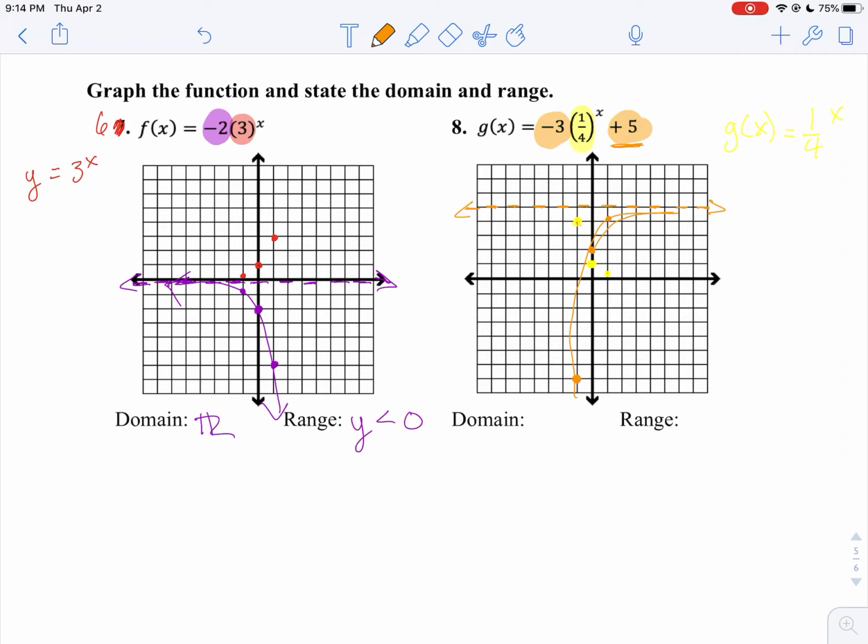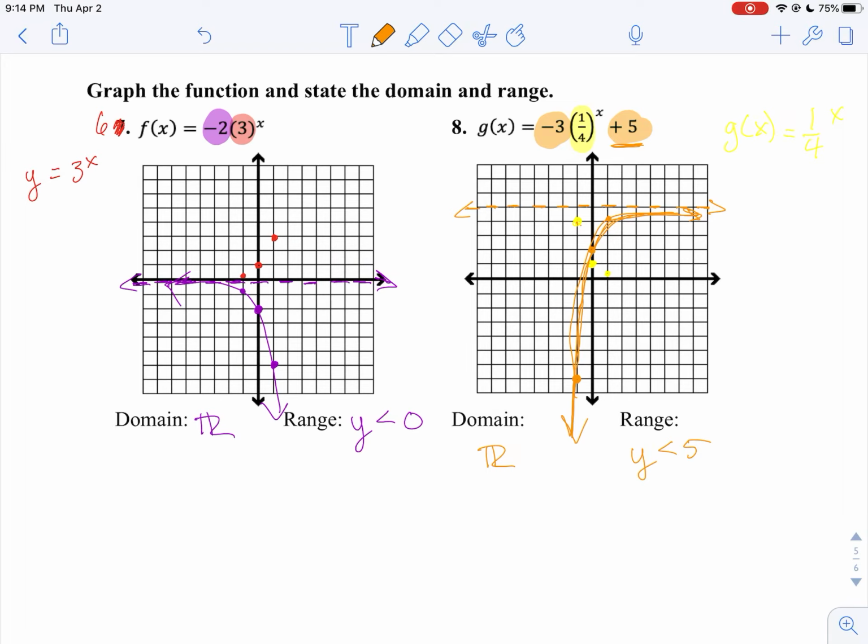Ooh, that is really steep. Hard for me to draw on my iPad. Okay, there we go. All right, and so my domain is still all real numbers, but the range this time, it's going almost to 5, but it's going down from there. So our range is going to be y is less than 5.